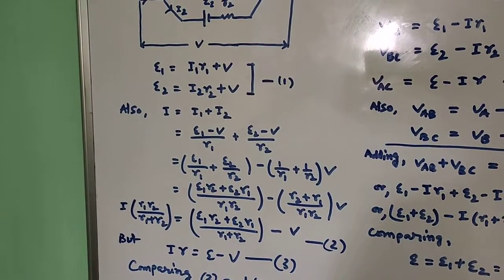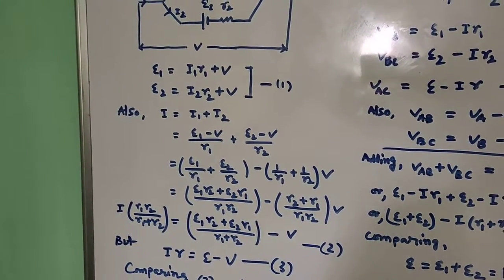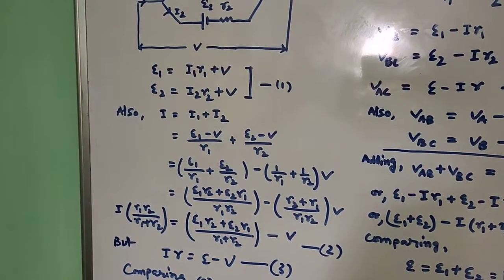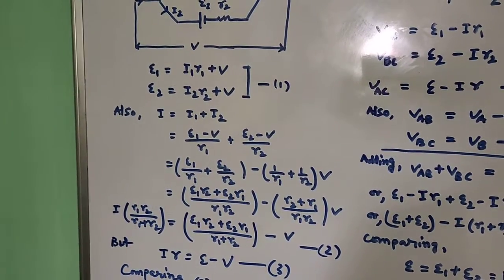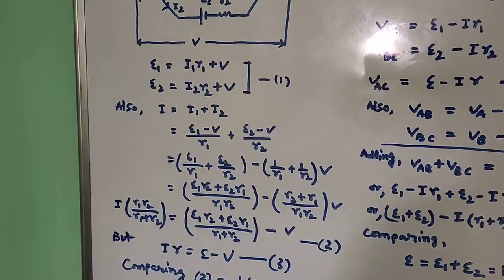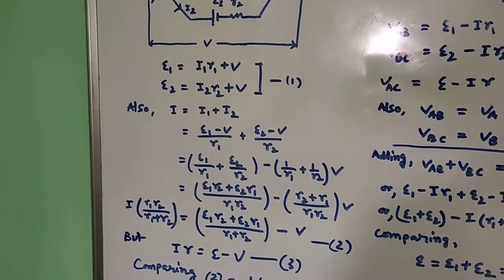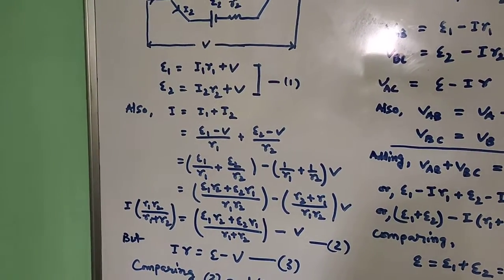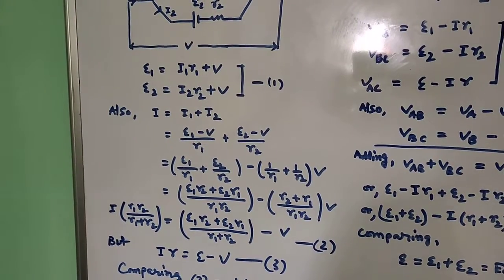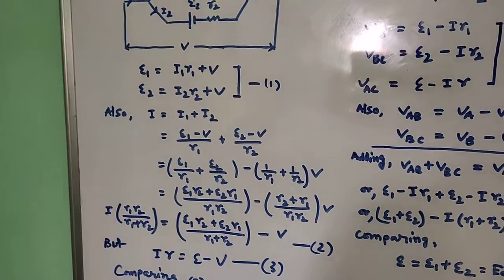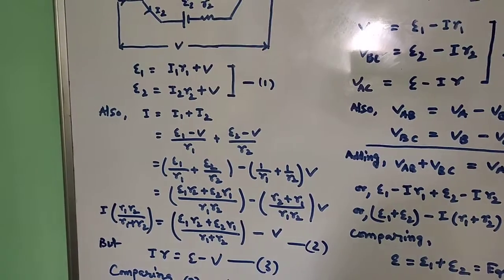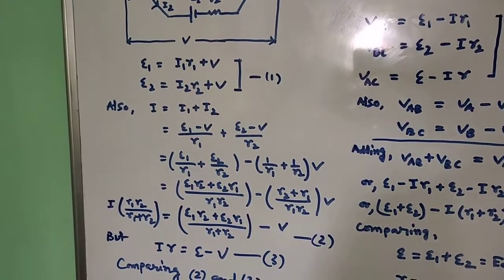So if you take common, we have taken this term and divided throughout the equation. So what you will get is I times r1 r2 by (r1 plus r2) equal to (E1 r2 plus E2 r1) by (r1 plus r2), minus V.